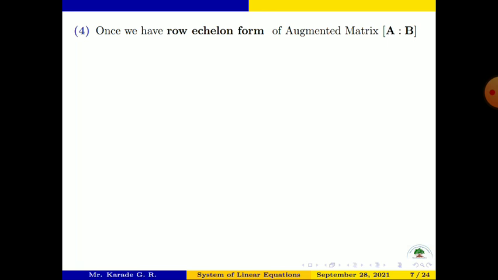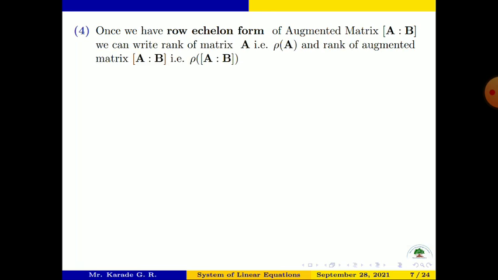We just have to count the total number of non-zero rows, and as we also have a row echelon form of matrix A, we can write the rank of A and the rank of the augmented matrix [A | B].